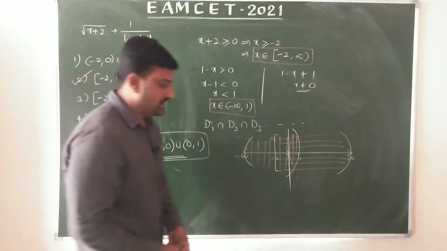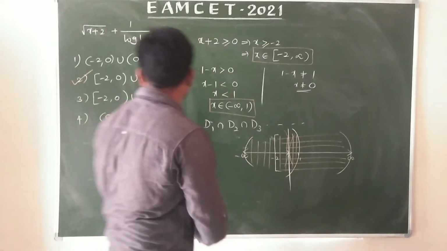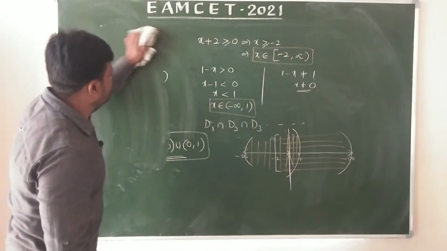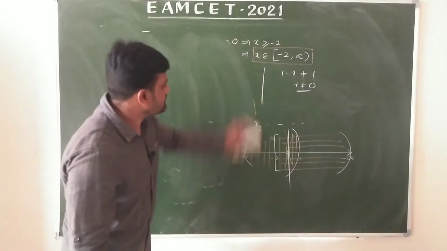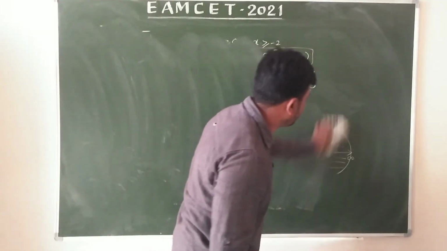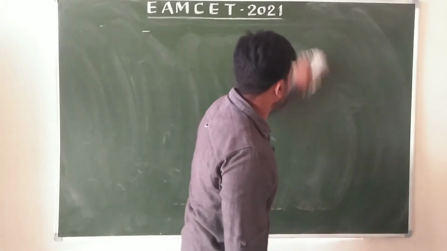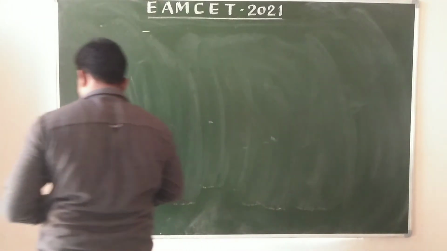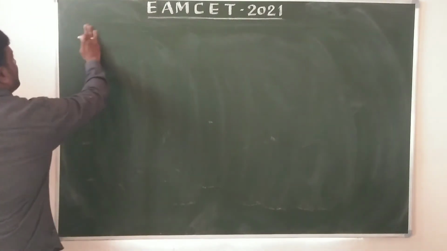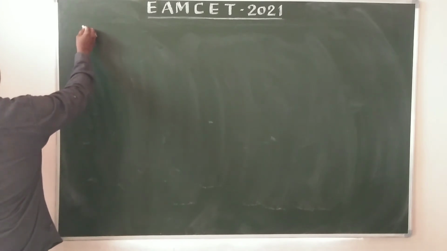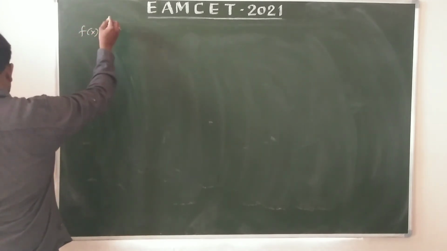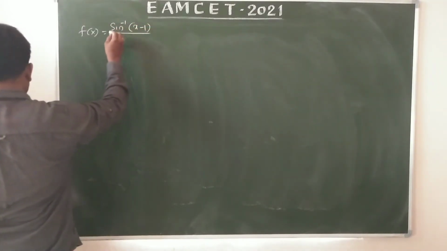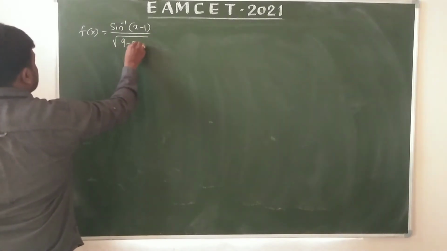Okay, let us take one more function. The domain of f of x equals sine inverse of x minus 1 by under root 9 minus x square.